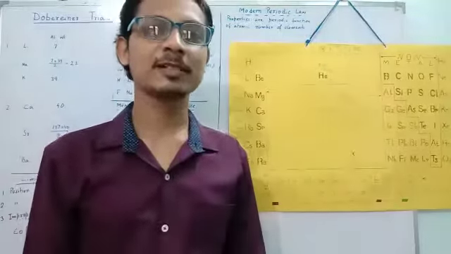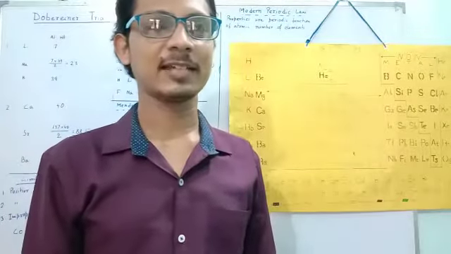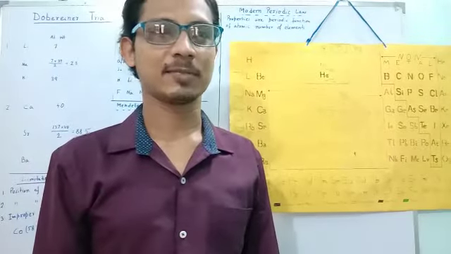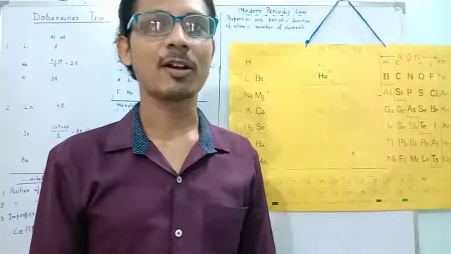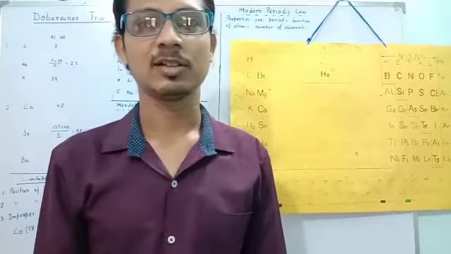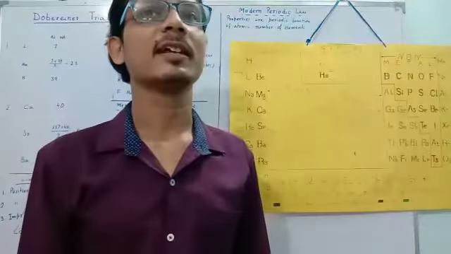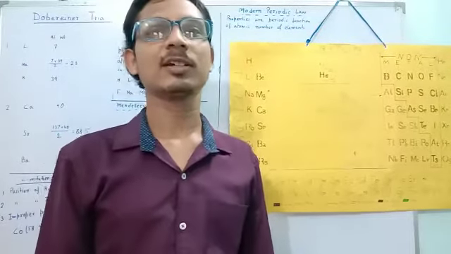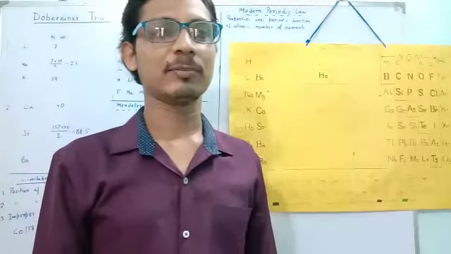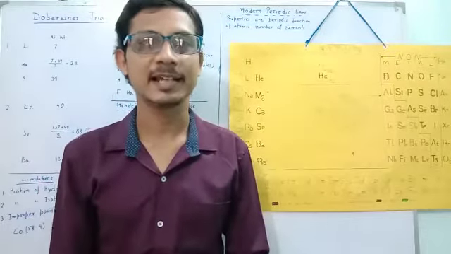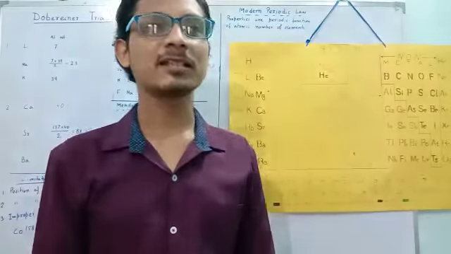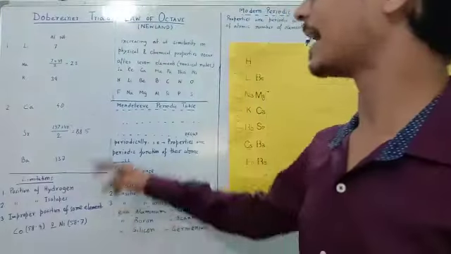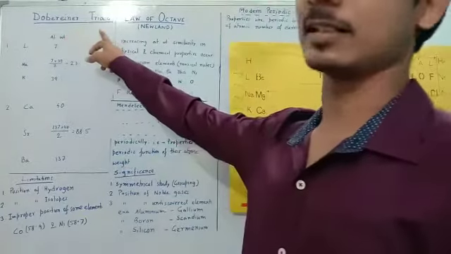Now to overcome the situation, scientists and chemists attempted to make a format or table so that the number of characteristics or properties we have to remember will become very few. The first attempt at such grouping was the Dobereiner triad method.